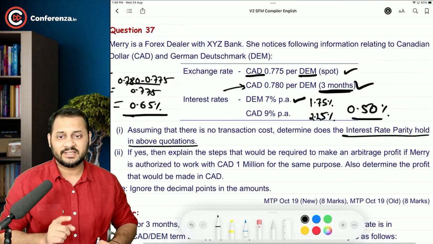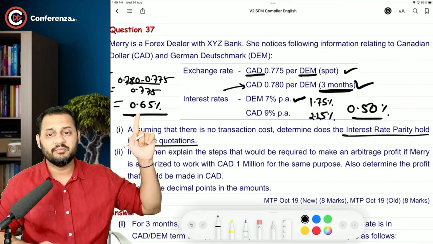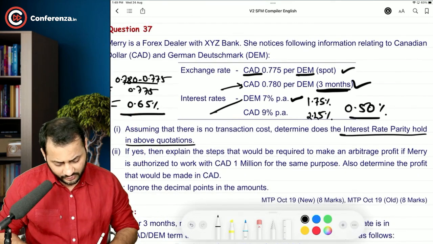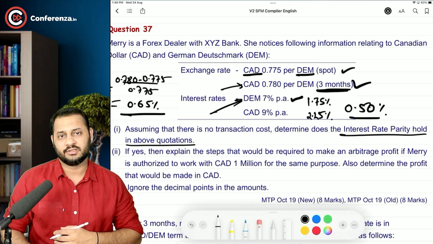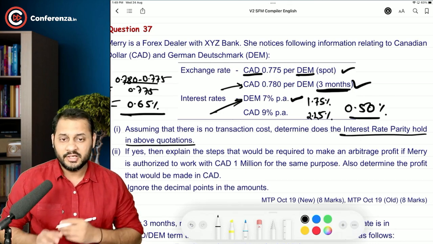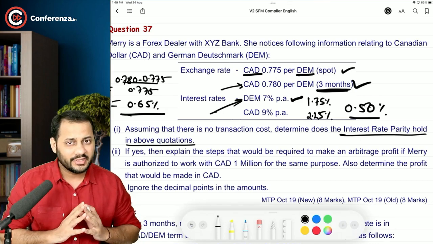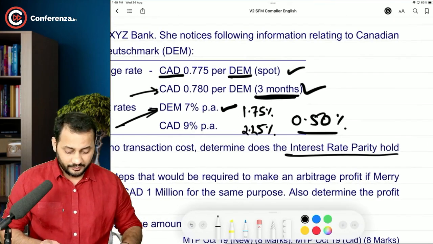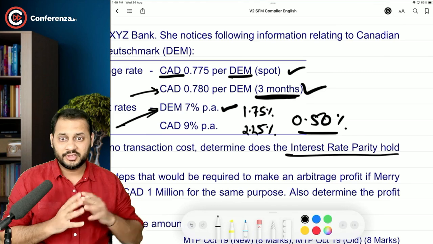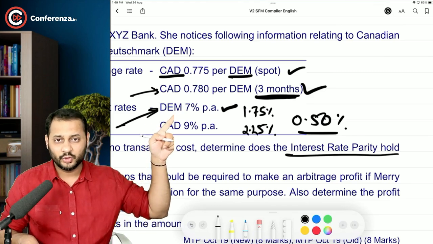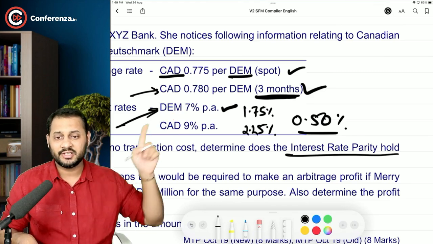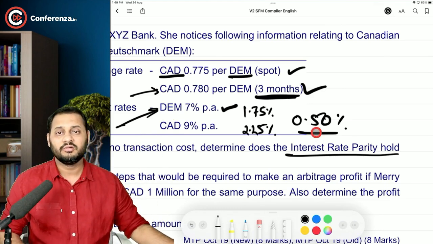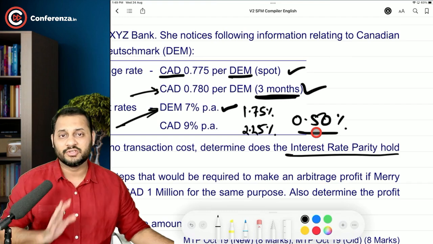First thing. Second thing, you can clearly see that the premium in the low interest rate currency. What is the low interest rate currency? Deutschmark is the low interest rate currency. DEM. It should be at a premium according to IRPT. It is at a premium. It should be borrowed because it is having a low interest rate. It should be borrowed until the premium goes till 0.50%.